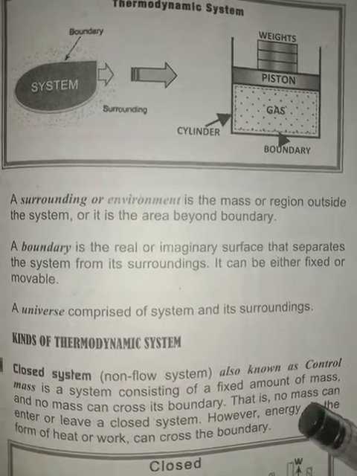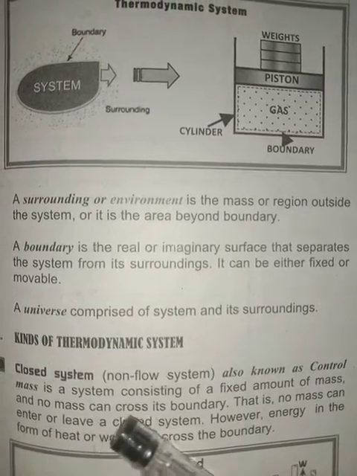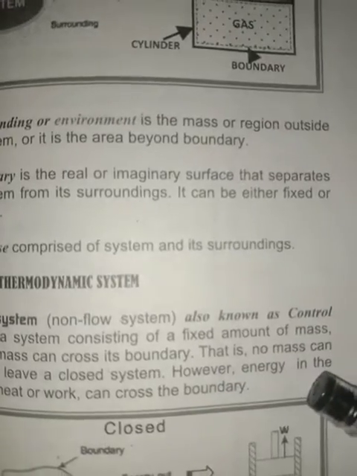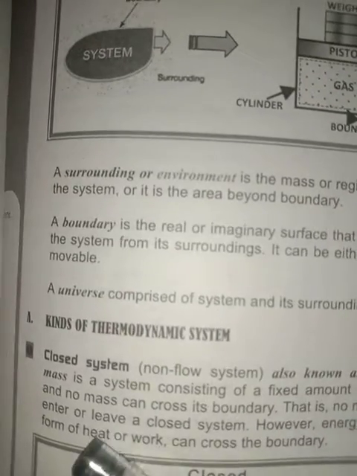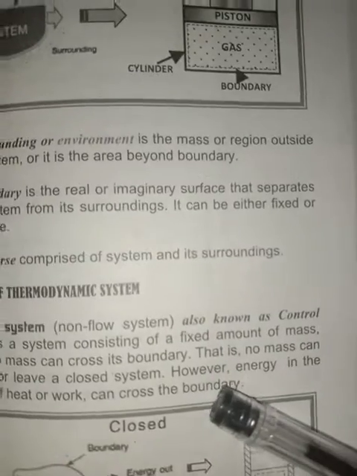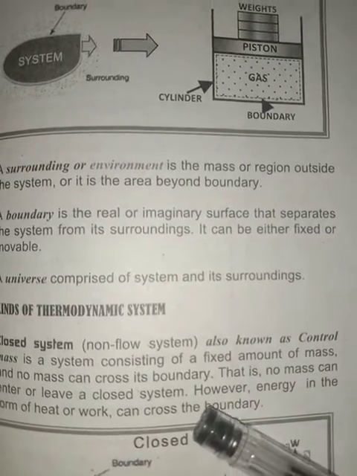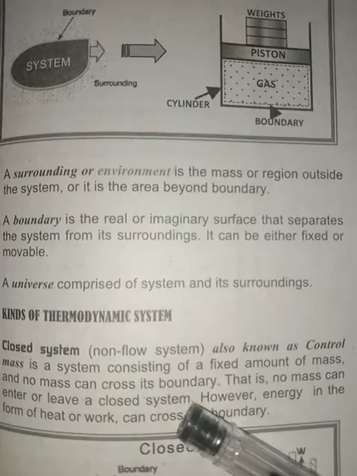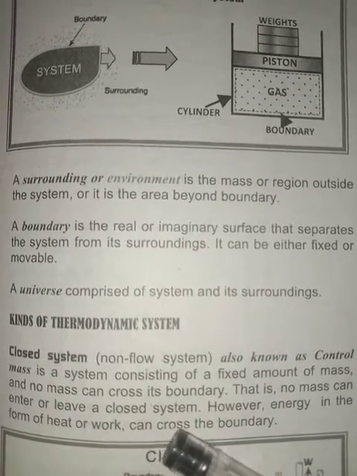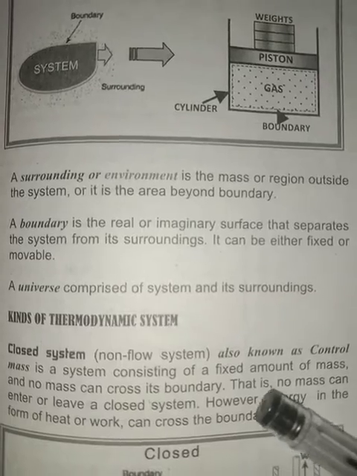That is, no mass can enter or leave a closed system. However, energy in the form of heat or work can cross the boundary. So remember that energy in the form of heat can cross the boundary of the closed system of thermodynamics.